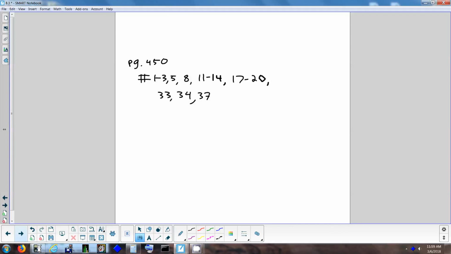All right, so for 8.3, you should be able to do 1 through 3. That's a review on complex numbers. 5, 8, I think up to number 12.